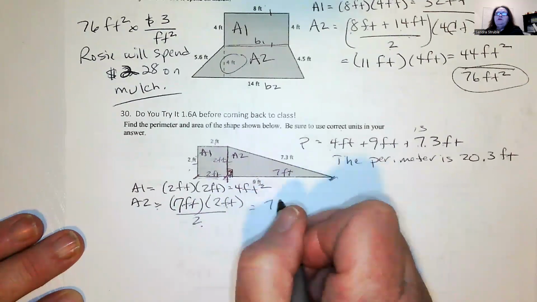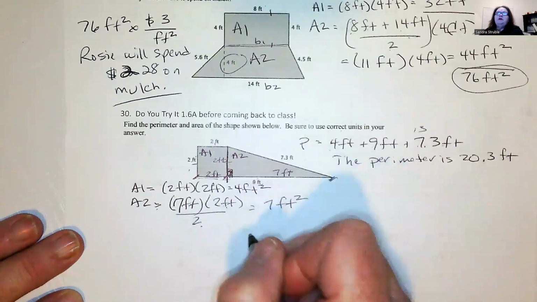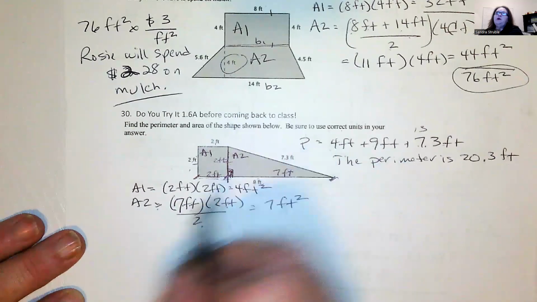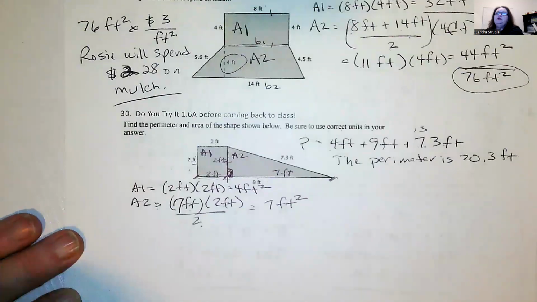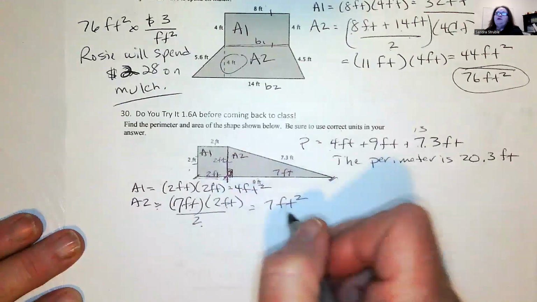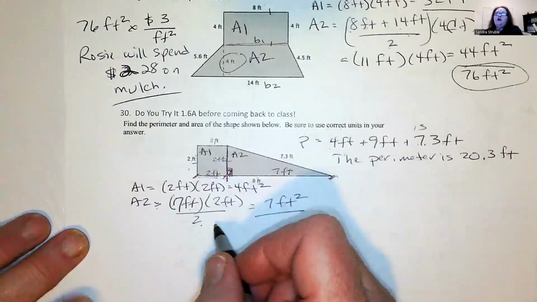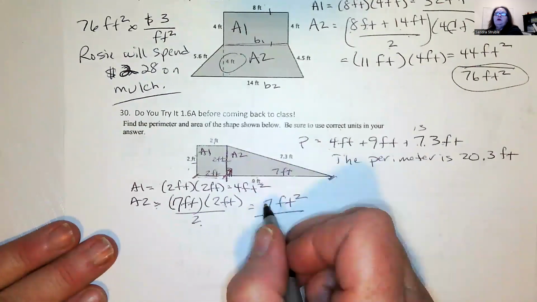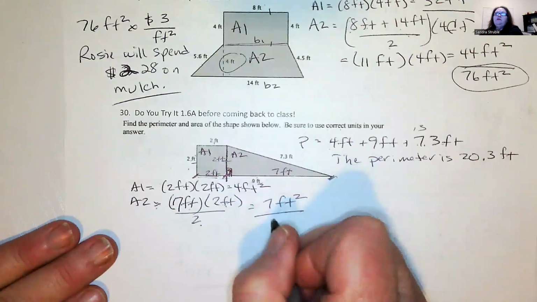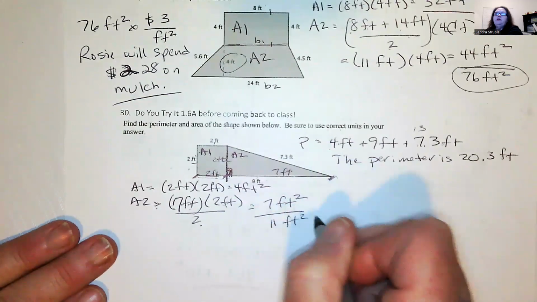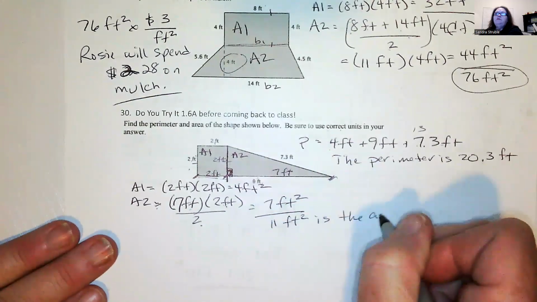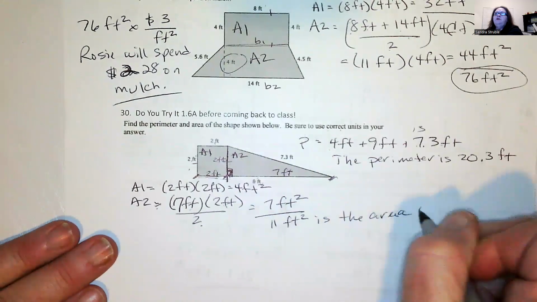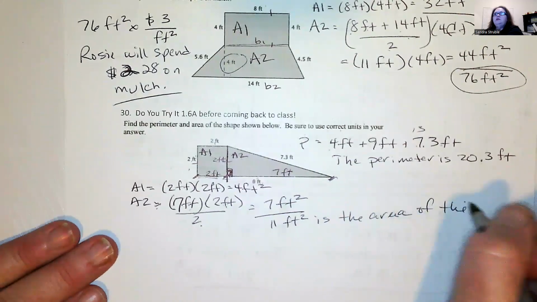So this is 7 feet squared is what the area for this triangle is. So we have A1 and A2. Let's add them together to find out the total area for our composite figure. So that's 7 plus 4 is 11 feet squared is the area of this figure.